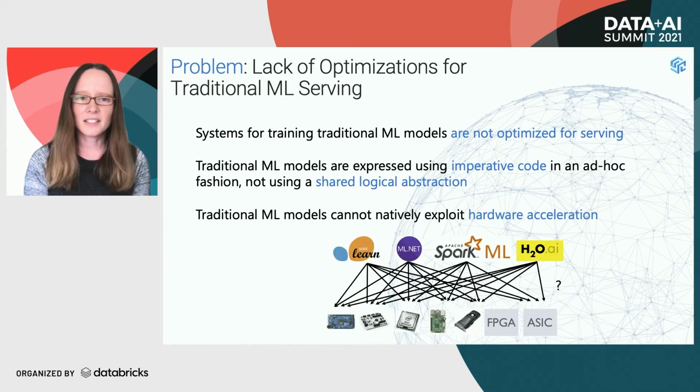Because of this, these traditional ML models cannot easily natively exploit hardware acceleration. So across a lot of these traditional ML frameworks pictured here, if I wanted them to run on a particular piece of hardware, I'd have to write specialized code for each of the operators across each of the frameworks for each hardware system. So it doesn't really generalize well, or easily scale.